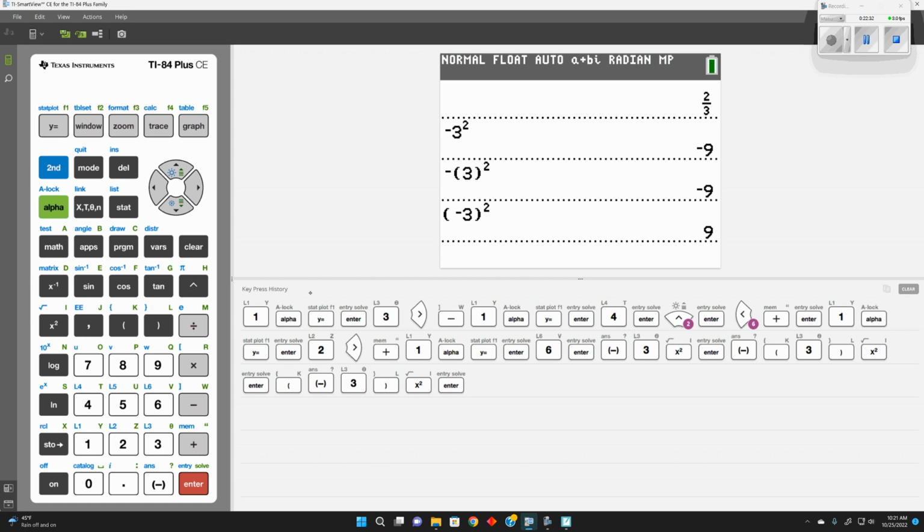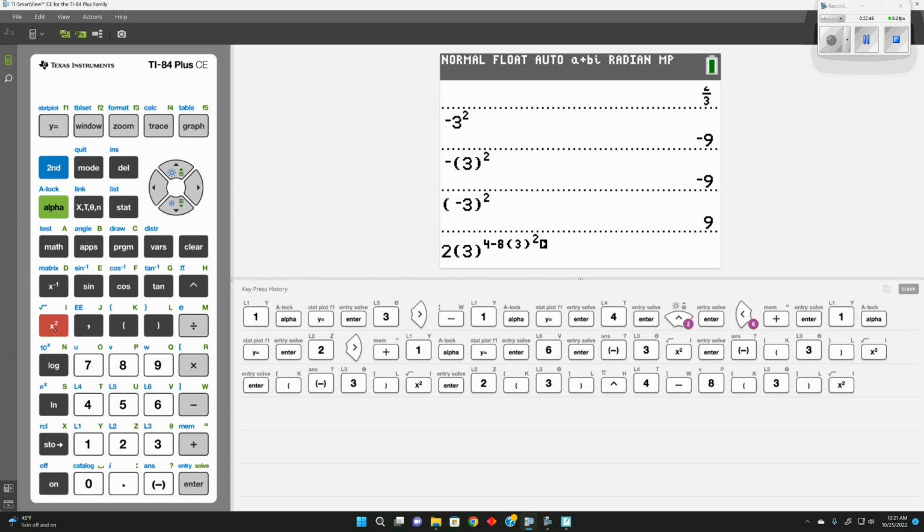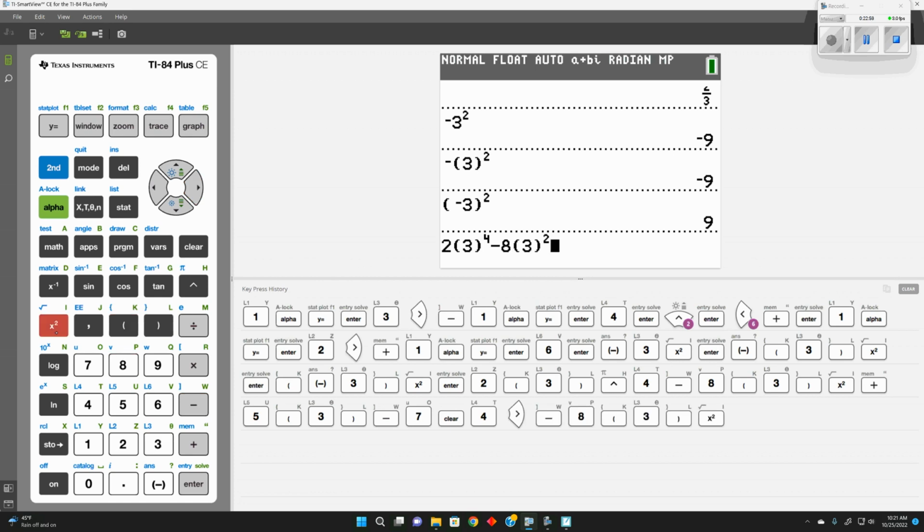That's 3 to the 4th power. We're saying 2 times 3 times 3 times 3 times 3. Now, what we could do is use the calculator.